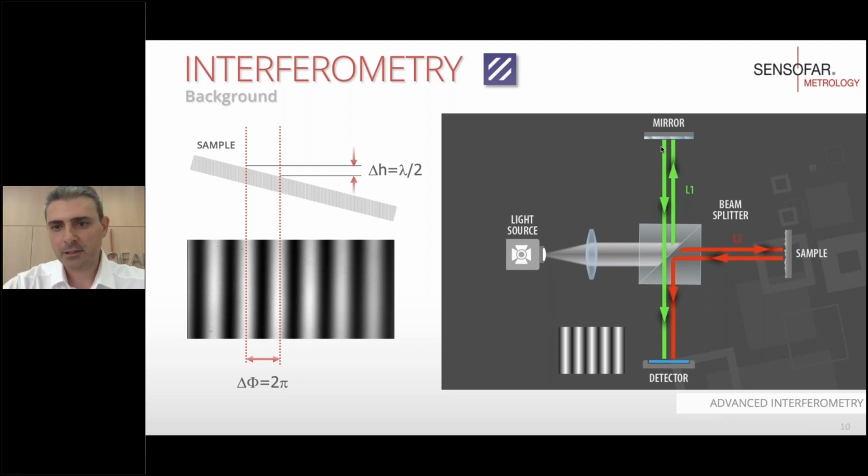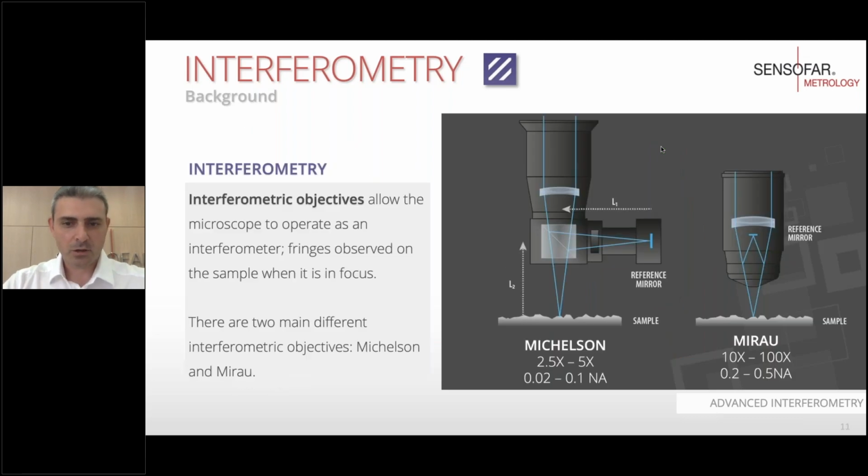Imagine you have a lambda of 500 nanometers, which is light green, close to cyan blue light. Lambda over 2 means 250 nanometers. So 1, 2, 3, 4, 5, 6 means that we have 1.2 microns peak to valley on that tilted sample in particular. So how do we achieve an interferometer for microscope purposes?